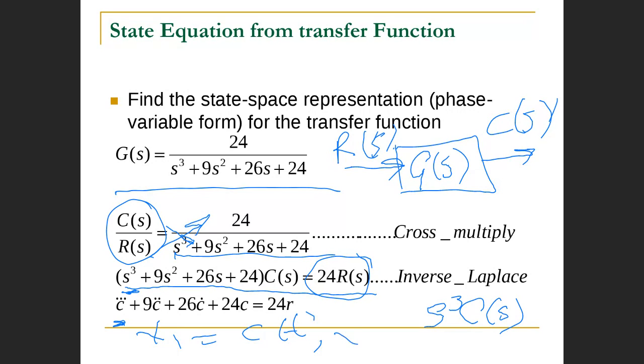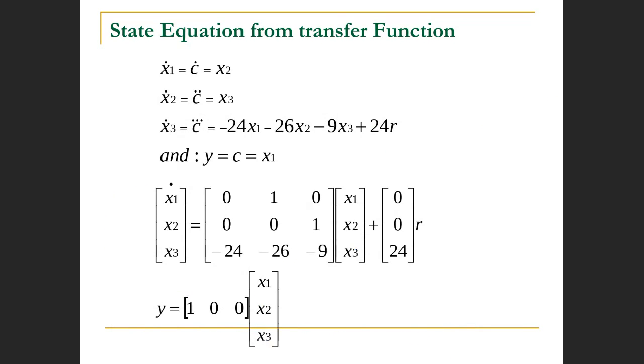What would be the second state variable? X2. The first derivative of c of t. Correct. And the third one would be c double dot of t. All right, so there we go.